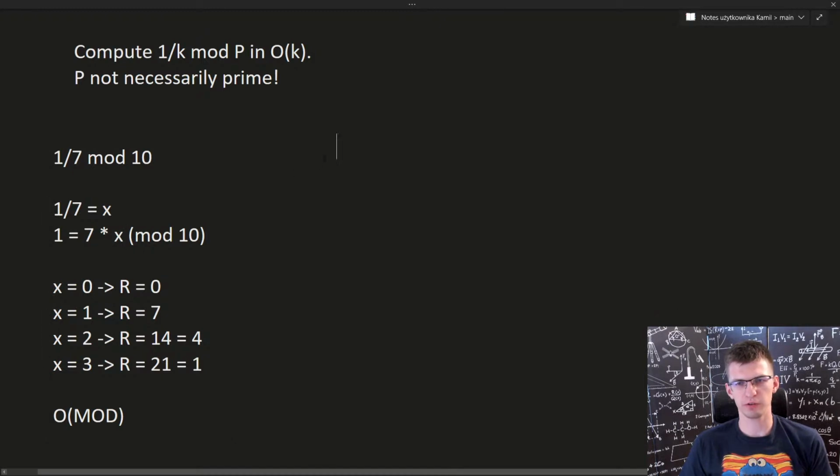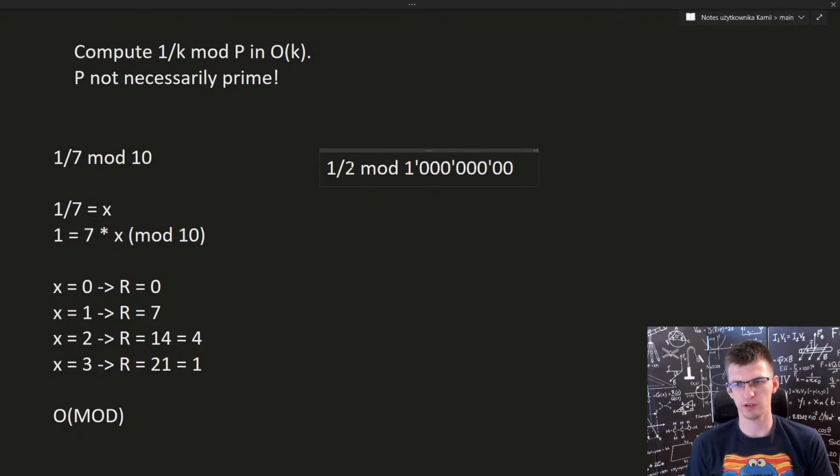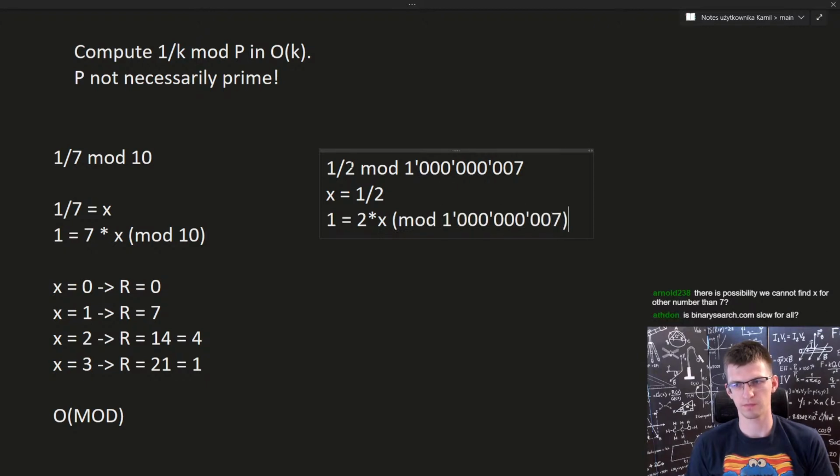In particular, if we wanted to compute 1 over 2 modulo 1,000,000,007, we would have a hard time with this method I showed, because we are looking for x equal to 1 over 2. So 1 needs to be equal to 2 times x modulo 1,000,000,007.